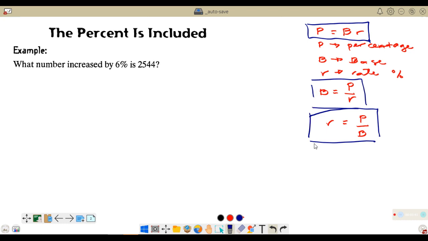Now, when is P less than B? P is less than B if R is less than 1 or R is less than 100%. When is P greater than B? P is greater than B if your R is greater than 100% or 1. Okay?